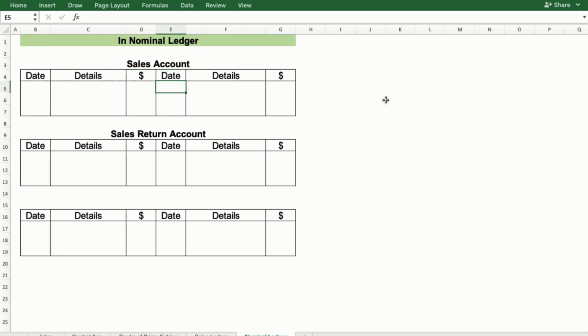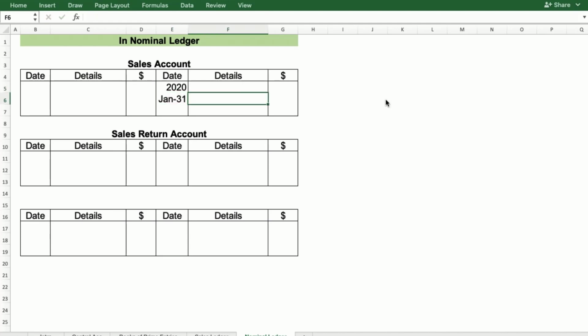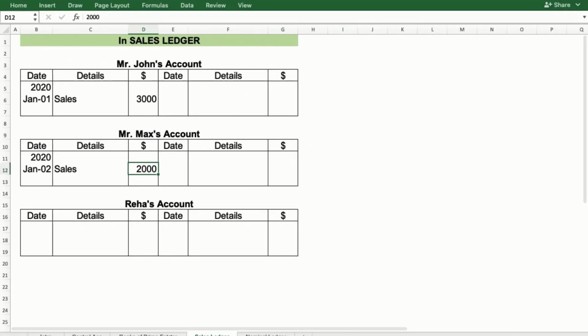This posting will be done on the last date of the month with the total. So Jan 31st, 2020, and I will put the total here, $5,000, and I will write here credit sales of the month, or even credit sale is also enough. So $5,000.